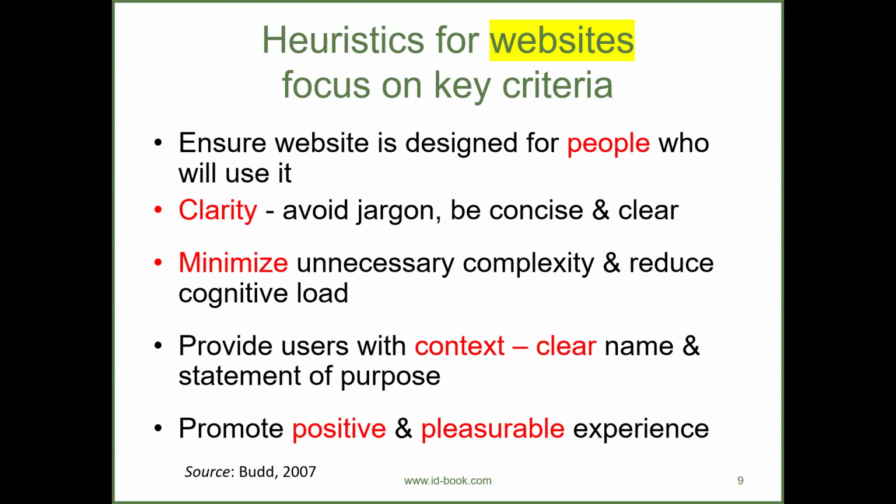Now, let us understand how the website heuristics work. What are the key criteria in evaluating websites? Ensure that the website is designed for the people who will use it. For example, if I am designing a website for kids, then I have to make my website appealing to the kids.